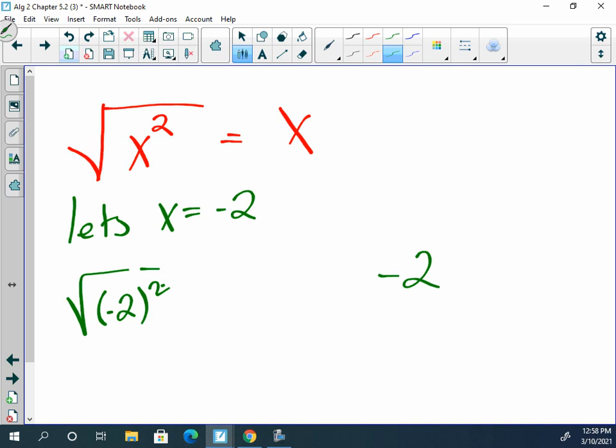So if I say x is negative 2, it should equal negative 2, yes? So let's work this out. What is negative 2 squared? It's positive 4, yes? Because a negative times a negative is a positive. And the square root of 4 is positive 2.